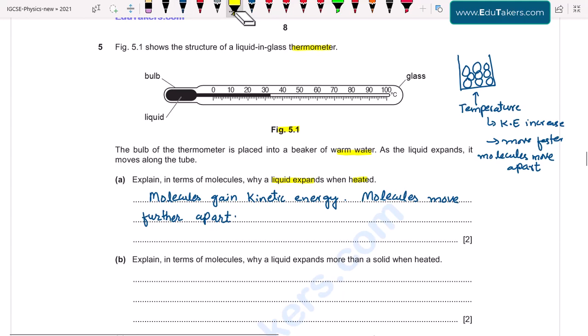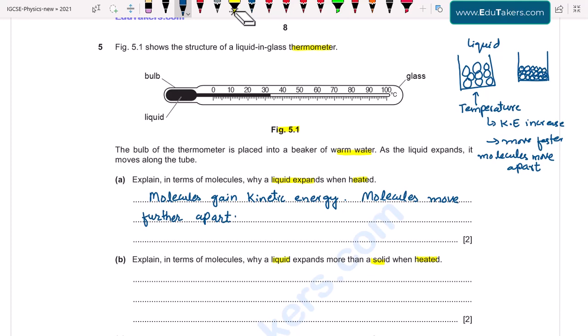Part B. Explain in terms of molecules why a liquid expands more than a solid when heated. So, when we supply heat to liquid and solid, the expansion in the case of liquid is larger as compared to solid. We have to explain this. So again, this is a solid, this is a liquid. We know that the molecules in a solid are very close to each other as compared to liquid.